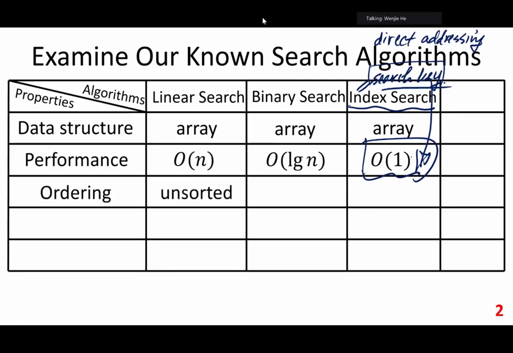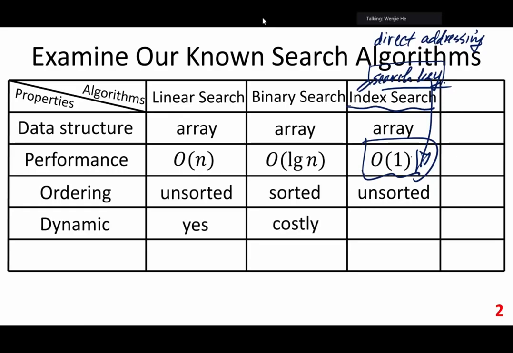Ordering: linear search works on unsorted data. Binary search requires sorted data. Index search works on unsorted data. Dynamic data: for linear search, you can add dynamic data because you don't need to maintain the order.